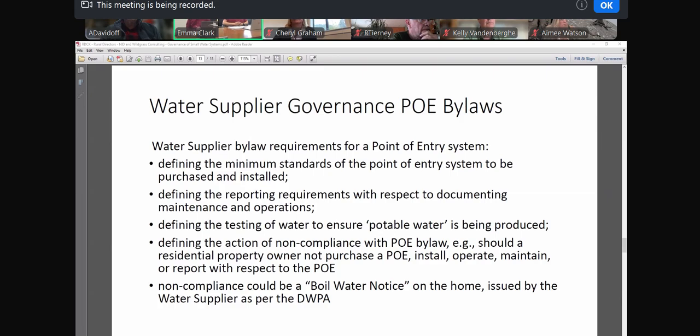The second question: you can have point of entry or point of use under the Drinking Water Protection Act. Either is viable, and it becomes a question of risk tolerance. Some people like to drink water and have a shower, and with point of use you can't do that.